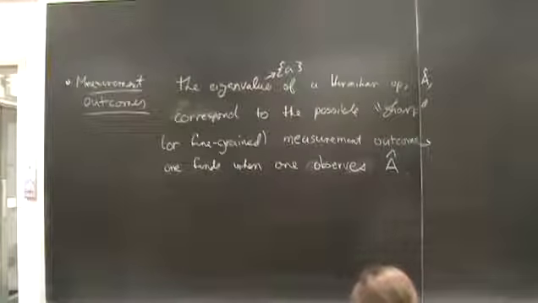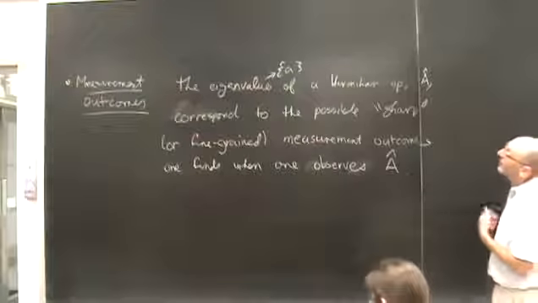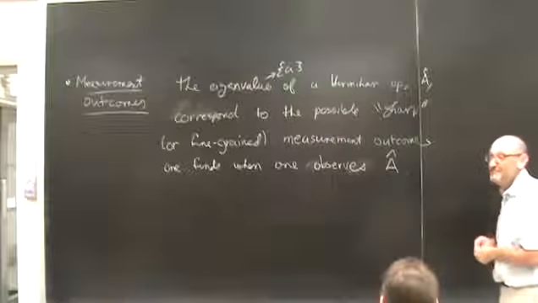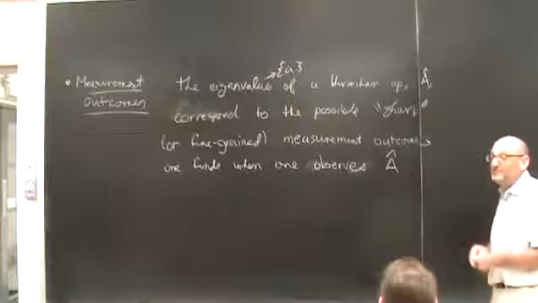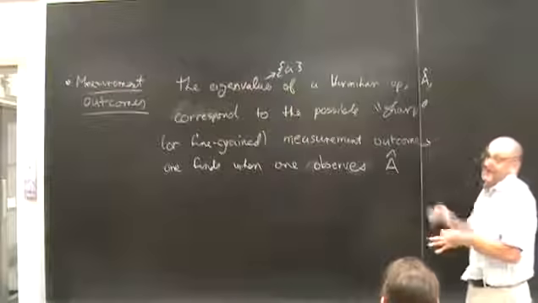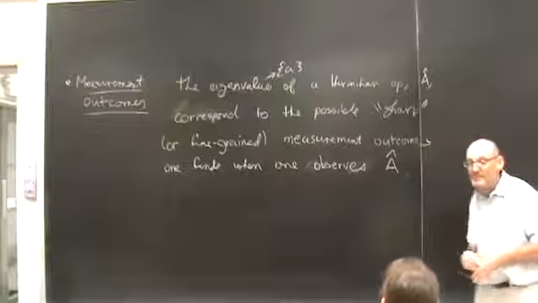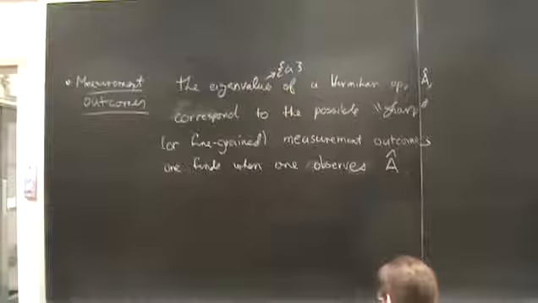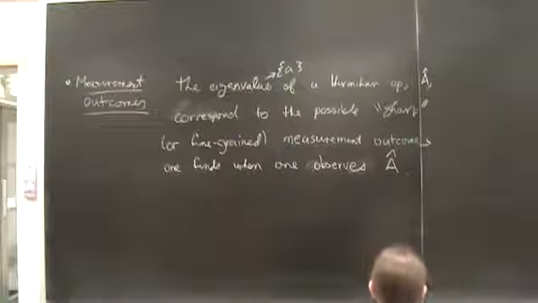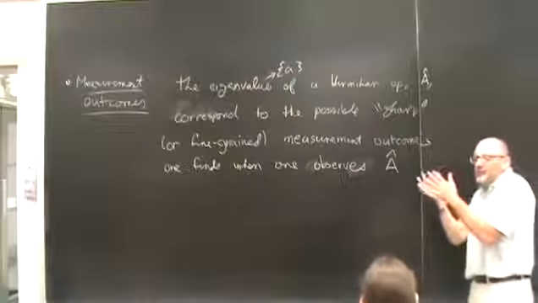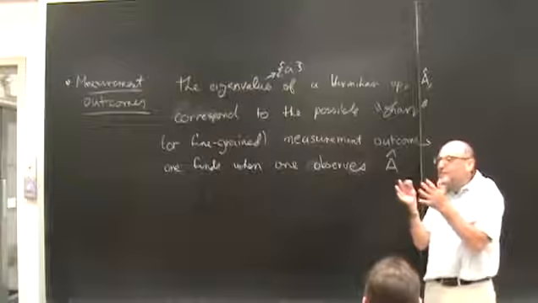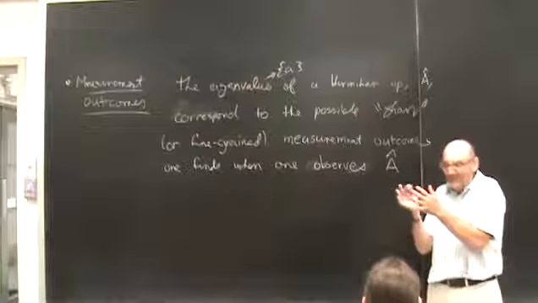Okay, what do I mean by that? If one somehow, in ways that we'll try to explain, does a measurement with a device designed to measure the observable A, and we want to know what outcomes that measurement device can find, well, of course, that measuring device may have some intrinsic noise in itself, right?